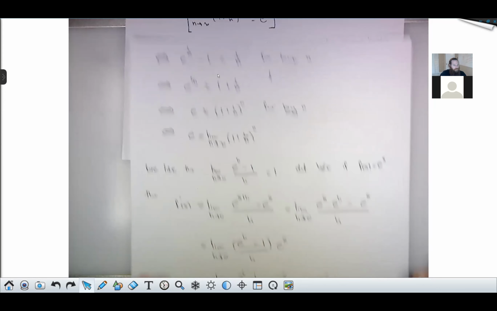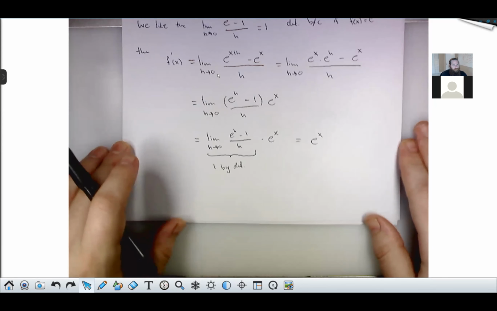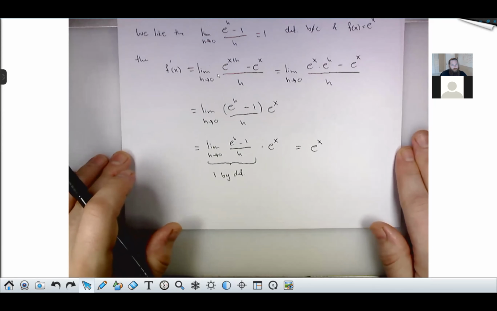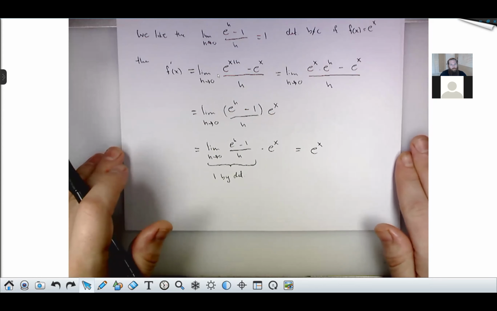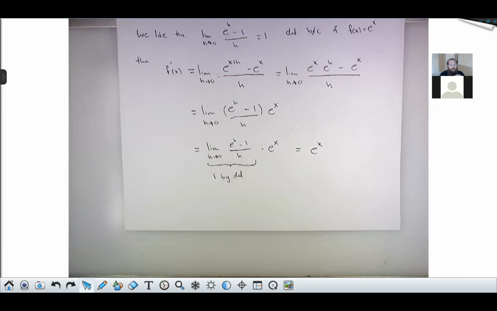And then here is the reason we like the other definition, the definition that we're using, the kind of wonky one. We like that because it's precisely what you need to show that e^x is its own derivative.